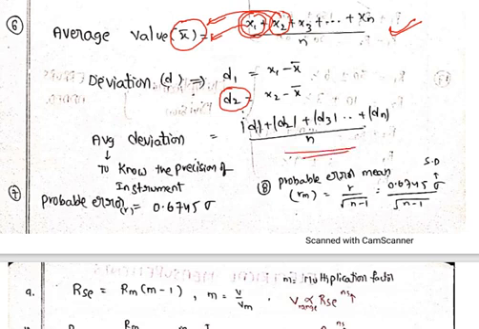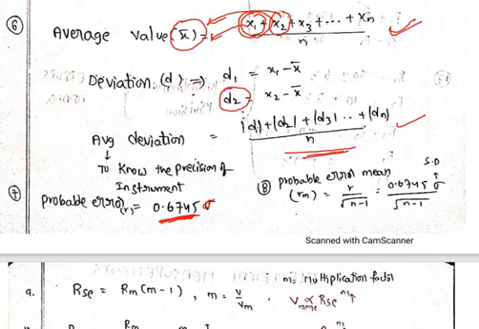We will calculate this. And probable error r equals 0.6745 sigma. Important, probable error formula is 0.6745 sigma. And probable error mean Rm equals R by root over n minus 1, that is 0.6745 sigma by root n minus 1.